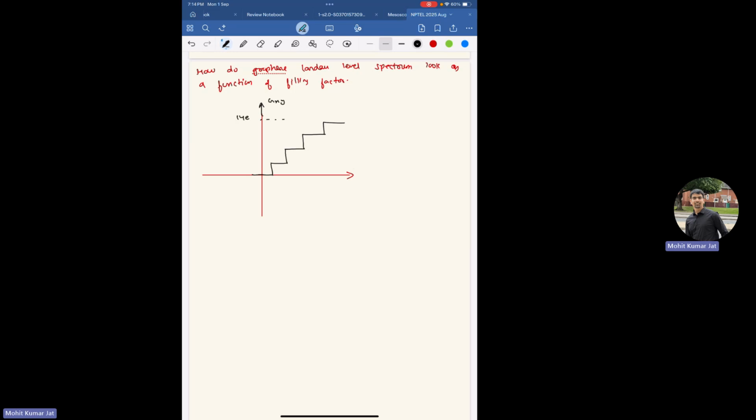In units of e square by h: 14, 10, 6, 2.